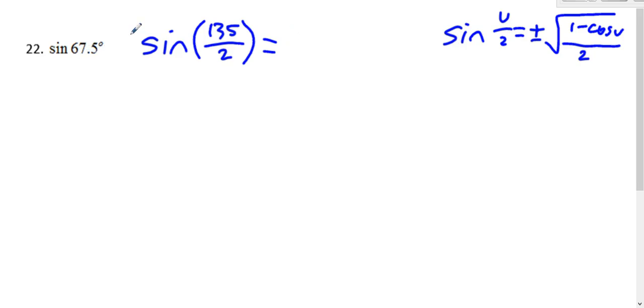67.5 is in quadrant 1. 67.5 degrees is quadrant 1, so sine, the answer will be positive. And then it's 1 minus cosine of 135, which is square root of 2 over 2, all over 2.